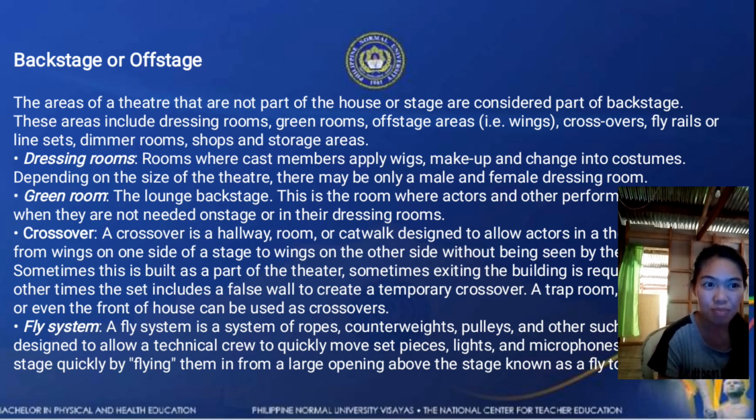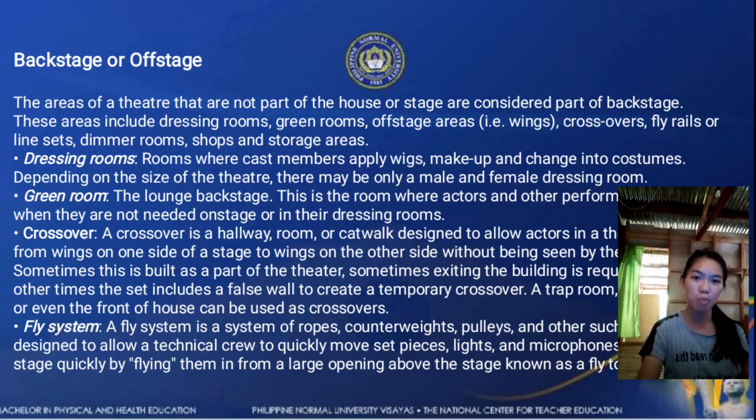A trap room, orchestra pit, or even the front of the house can be used as a crossover. As long as the audience cannot see the performers crossing at the back of the wall or any space that is put at the back of the wall to travel from one side to the other side of the stage, it is a crossover.